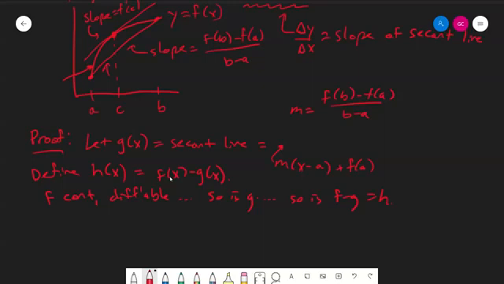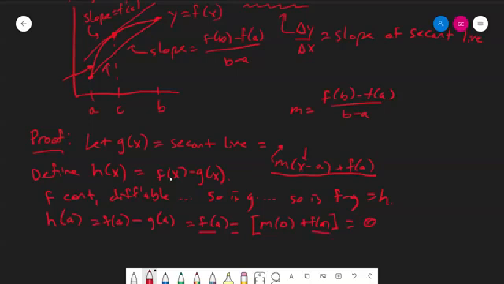So h itself is a continuous and differentiable function. Now what's h of a? Well, it's f of a minus g of a. And remember, g of x was given by this equation right here. And if you look at it, when I plug a in for x, you're going to get m times 0 plus f of a. So in fact, you end up with f of a minus f of a, so 0.